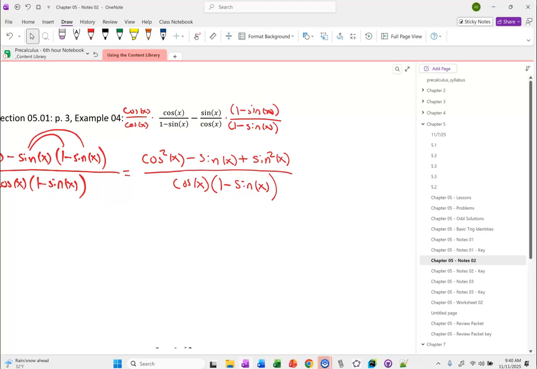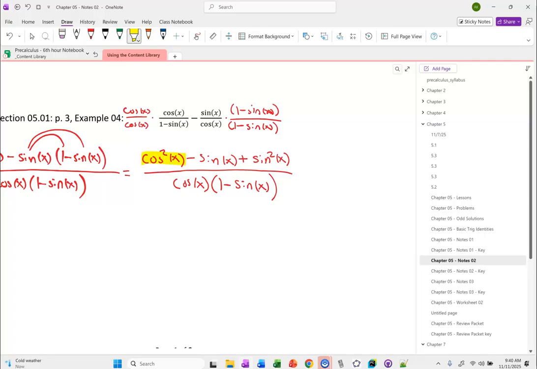Yeah, Ian. So in the numerator, there's a cosine squared and a sine squared. So could you add those together using? Absolutely. And that's where I would go next. So if you look at your identity sheet, you look at P1, it says sine squared plus cosine squared is equal to 1.